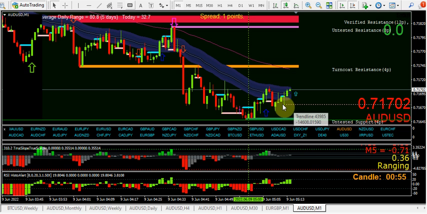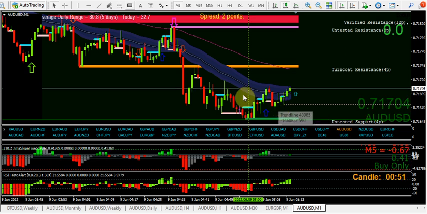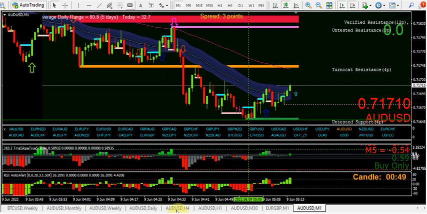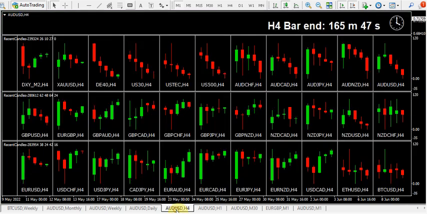Any USD pair may have worked the same way. That's correlation. So let's have a quick look at the H4 panel again, see what gold did. Yeah, gold has had a pop up, and any other USD pairs reversing. Remember, we shouldn't be looking at H4, we should be looking at H1. I do apologise.